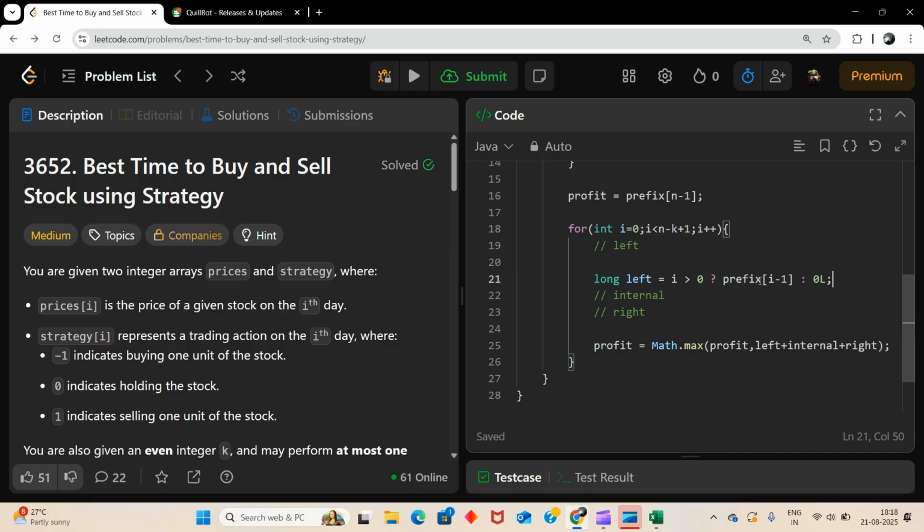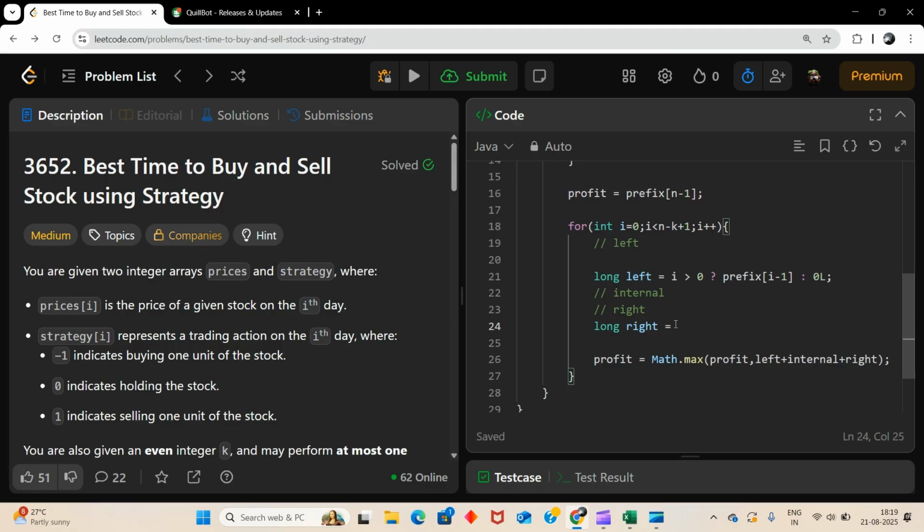Before internal, we will calculate right. Long right will be from the last. The last time the recording stopped, so I'll start again. For the right case, that means my i plus k minus 1.